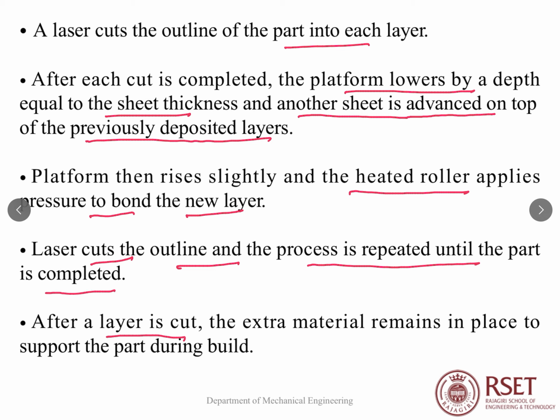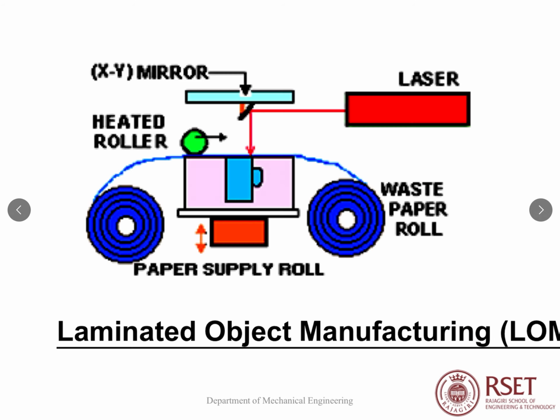After a layer is cut, extra material remains in place to support the part during build. Later, the extra material is removed. So this is another image. You can see two rollers, the heater roller, the laser source, the platform, and the laminated adhesive coated roll.